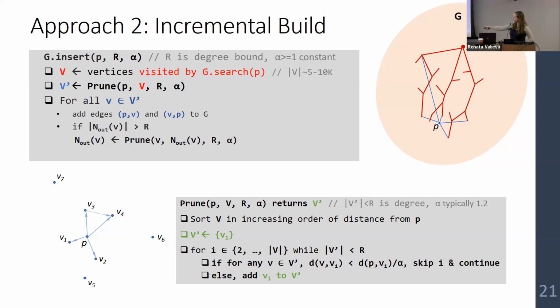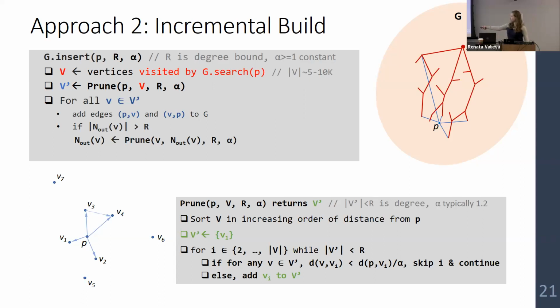This is also softened to some extent by this alpha factor. And in this case, we say, oh, okay, this is an edge that's actually quite likely to already be in the graph. We shouldn't be reaching V4 from P because we can go through V3 instead and reach it in just 2 hops without adding this additional edge. Does that make sense?